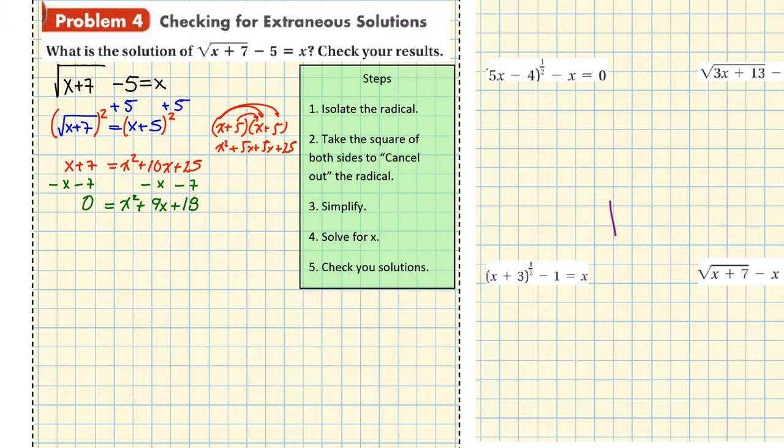Since we set everything equal to 0, our next step is to factor. How are we going to do that? If you remember back when we did factoring, we need two numbers that multiply together to give you 18, but added together give you 9.